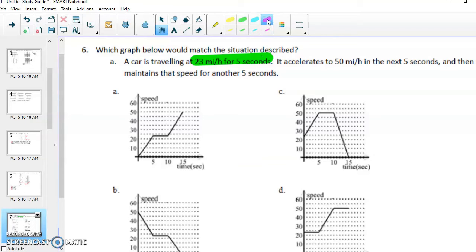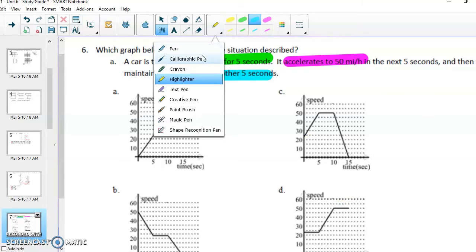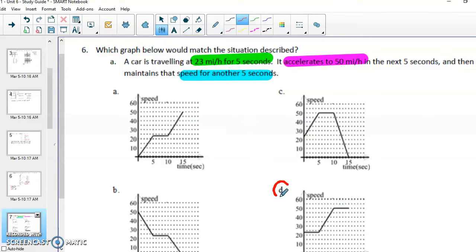We're not starting from 0. It accelerates to 50 miles per hour, and then it maintains that speed for another 5 seconds. So the only one that describes that well, we're going a steady speed, we accelerate, then we go another steady speed. So this would be choice D.